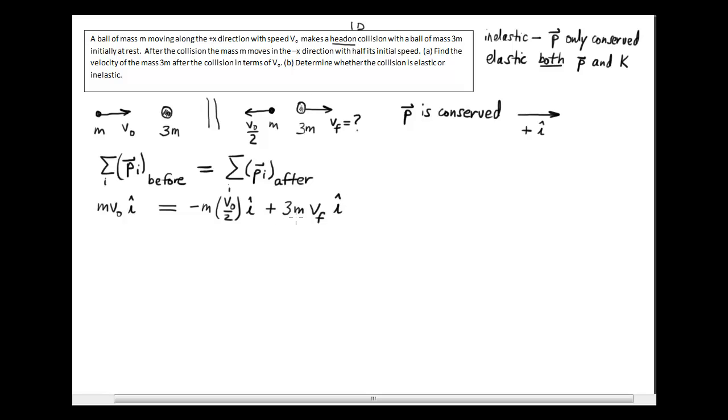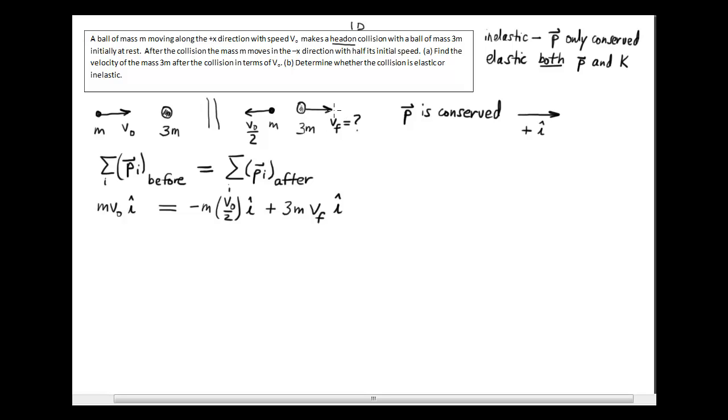Okay? Now, I'm pretty sure that this mass 3m is moving to the right. It pretty much has to be if it's impacted by an object that's moving to the right. But if, let's say, I guess the wrong direction for this, then the only thing that would be different in my answer is I'd get a minus sign for it. So it doesn't matter which direction this unknown object is moving.